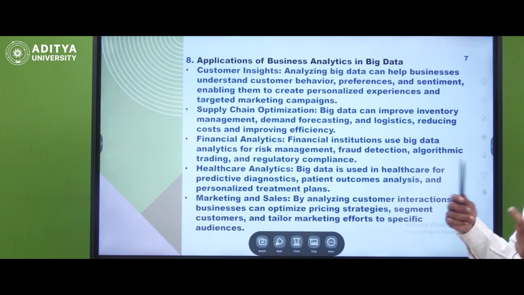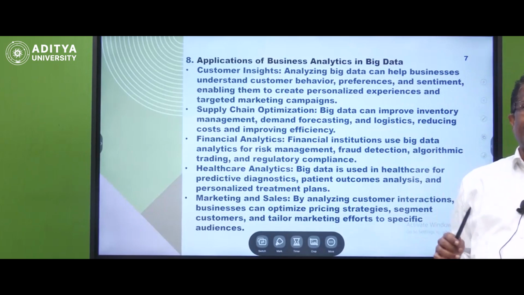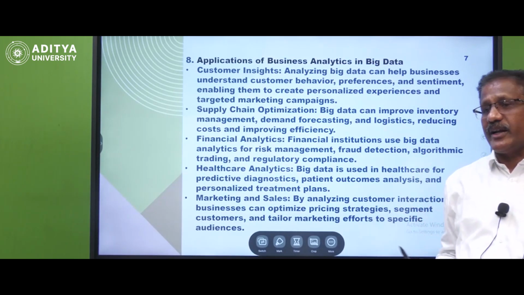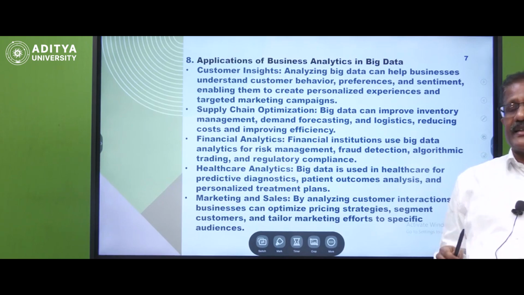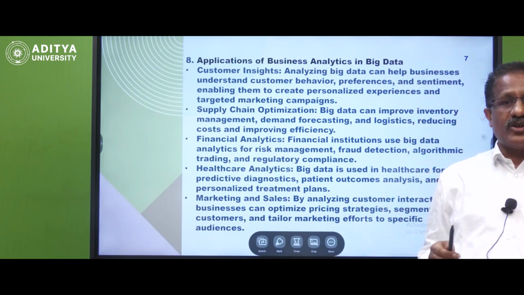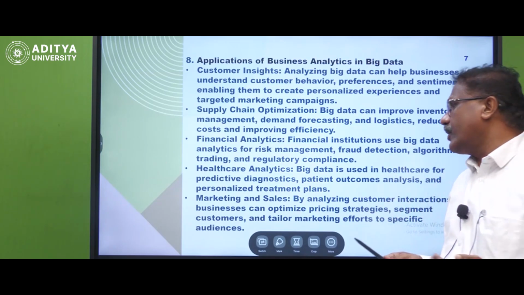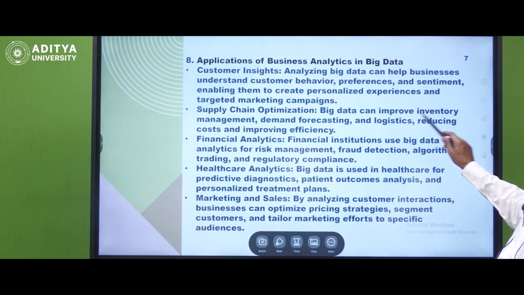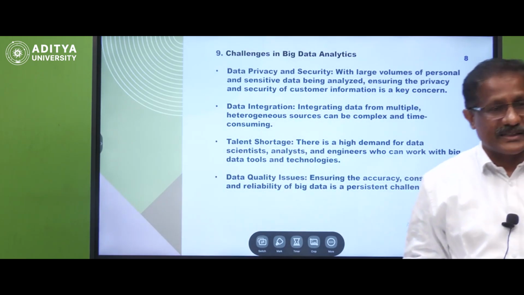The business has to optimize pricing strategy, segment customers, and tailor marketing efforts to specific audiences. Suppose a company produces different types of products; it has to succeed through marketing and by increasing sales, creating demand because of competition in the market. All these applications can be done with the help of big data analytics.